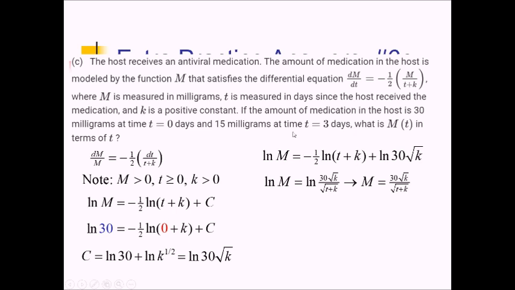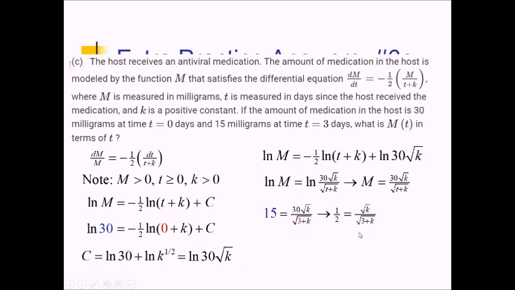So for that, we're going to use this other piece of information they gave us. They said we have 15 milligrams, m is 15, when t equals 3. So I'm going to plug in 15 for m and 3 for t, and I'm just going to solve for k. So to do this, let me first divide both sides by 30. That gives me 1/2 on the left side.